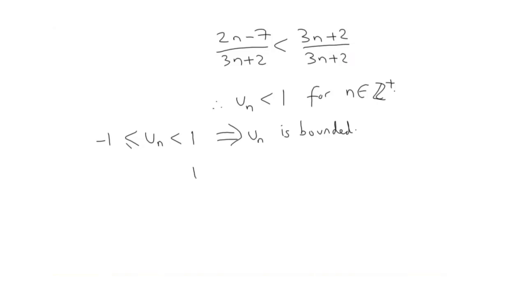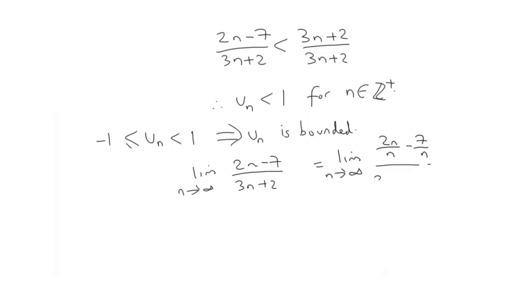So if we just looked at the limit of the sequence as n approaches infinity, so the limit as n approaches infinity of 2n minus 7 over 3n plus 2, well, we know we just divide by the highest power of n, which is just n, equals the limit as n approaches infinity of 2n over n minus 7 over n over 3n over n plus 2 over n.